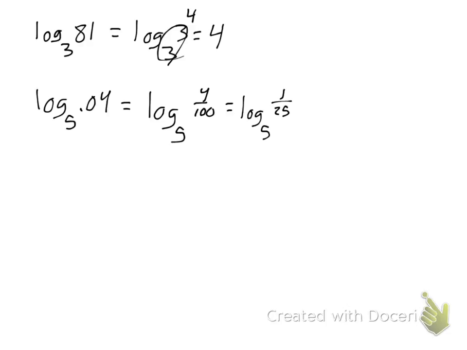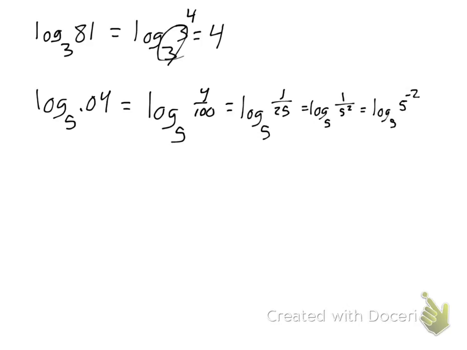Yes. That'd be equal to log base 5 of 1 over 5 squared. Now, could I bring the 5 squared to the top? Yeah, because there's just a 1 there, but if I bring a power to the top, it's going to become negative. So this is log base 5 of 5 to the negative 2.